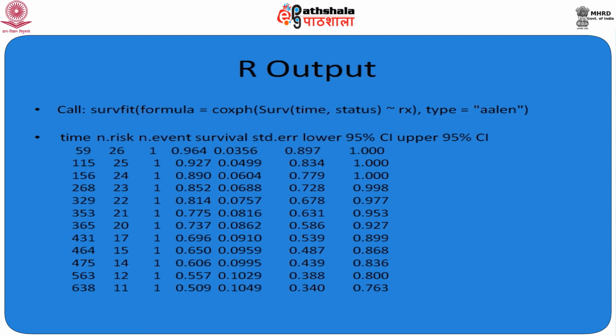For the next time, that is 115, the number of people at risk was 25. Initially it was 26 and one event occurred, so during that period from 59 to 115 days, people at risk were 25, that is 26 minus 1, and again in that period one person died. So the probability of survival reduced from 0.96 to 0.92 with standard error 0.04, lower confidence interval 0.83 and upper confidence interval 1.00.